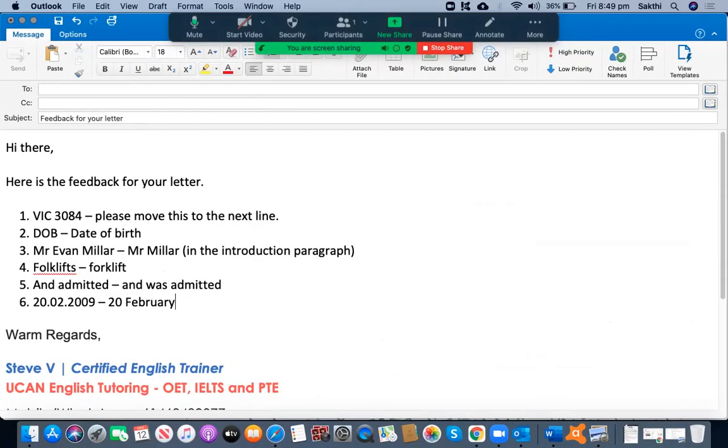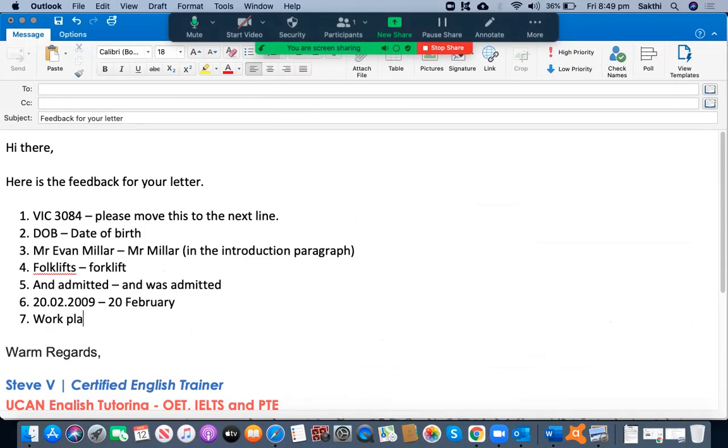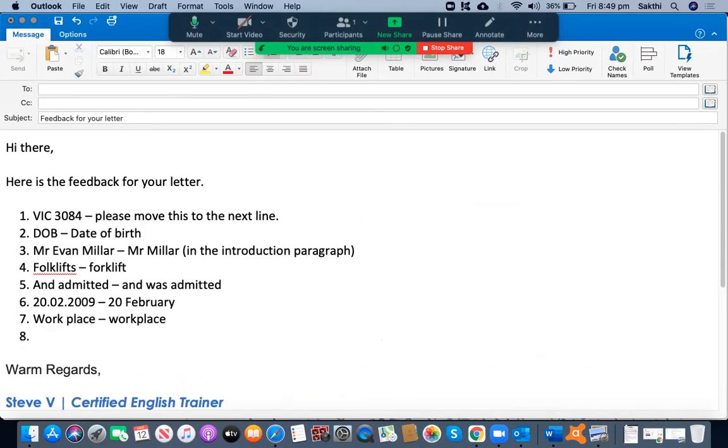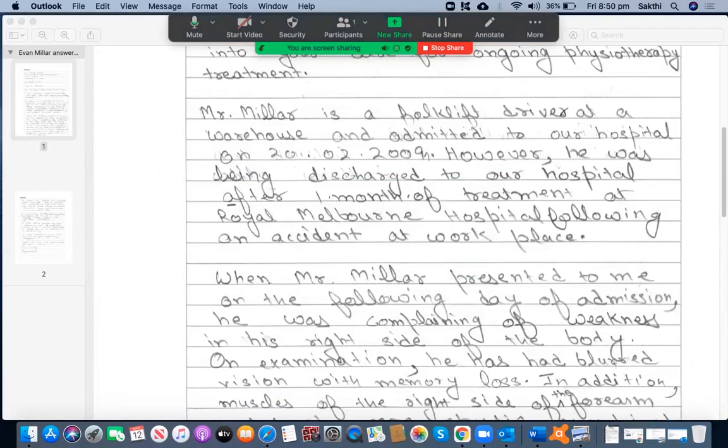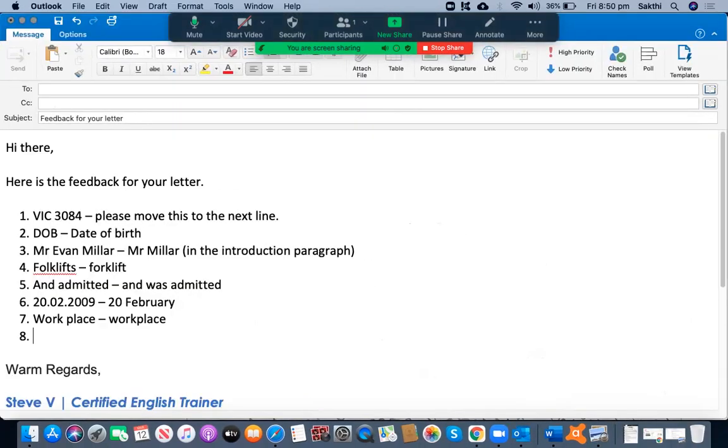One is at workplace, at work and then place. That's wrong. They need to go together. Workplace is one word only. And then the other thing is after 1 month of treatment. No, after 1 month treatment. So what you could have done is change 1 month of treatment to after 1 month treatment.